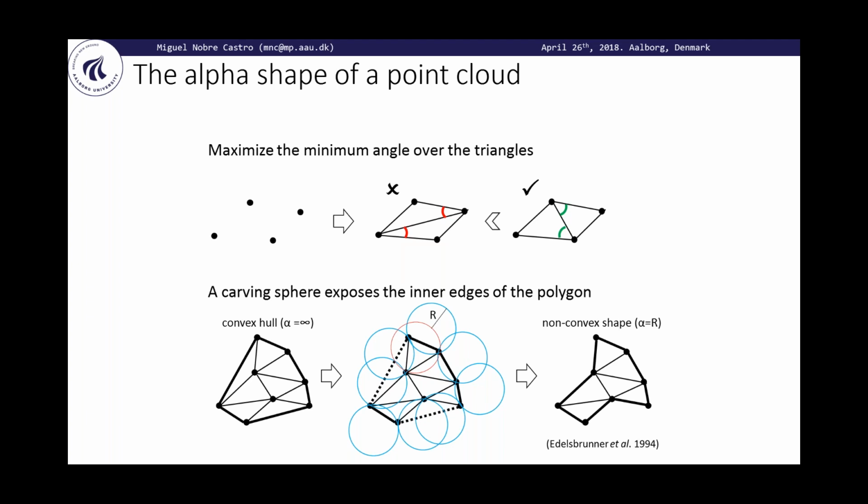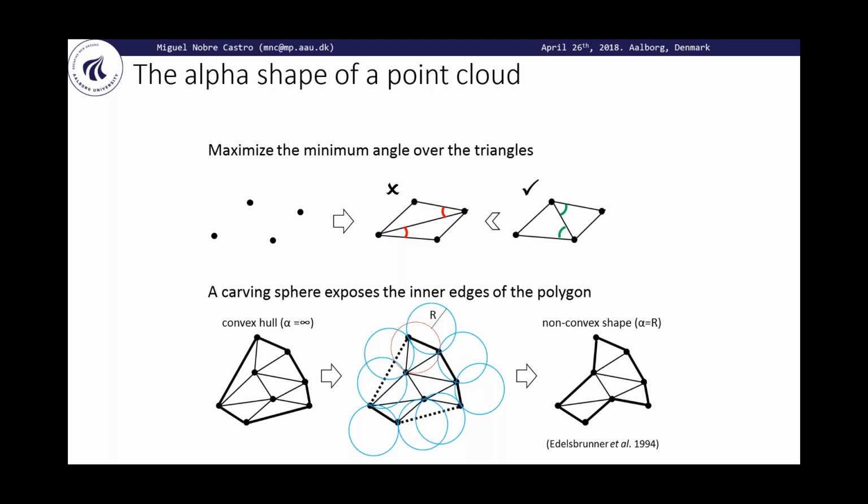However, if we're looking for something non-convex, as in the case of the upper extremity, we really need to look into other ways of getting that non-convexity. In that case, the alpha shape algorithm acts like a carving circle that eliminates all the edges on the mesh, starting from the outside, that cannot be circumscribed by a circle of a predefined radius that we choose.